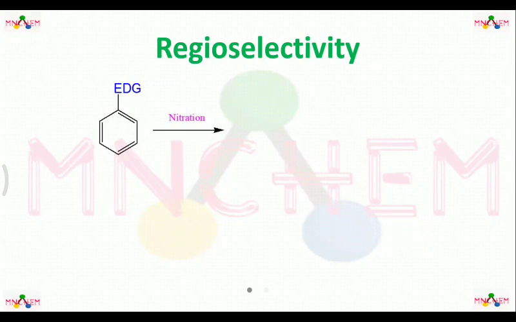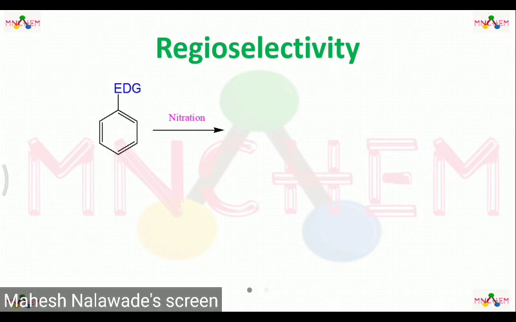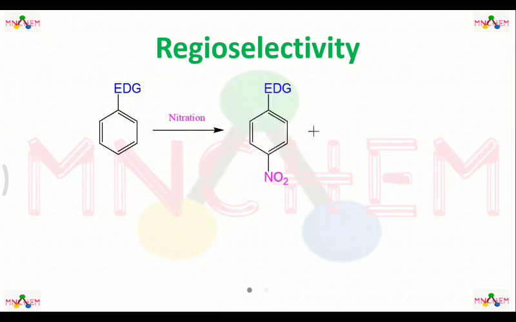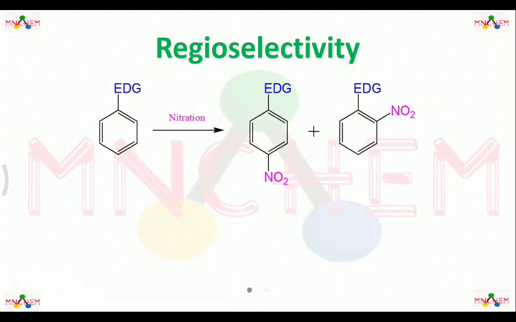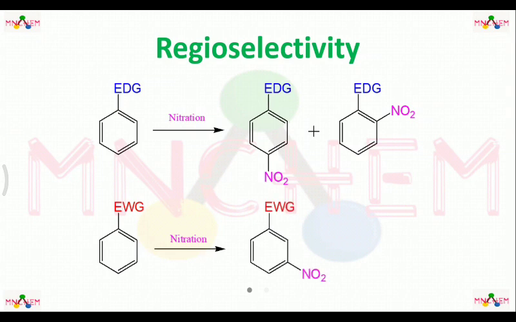When a benzene ring is activated by attaching an electron donating group, nitration results in the formation of two regioisomers, the para-isomer and the ortho-isomer. But when nitration is carried out where the benzene ring is attached to an electron withdrawing group, it gives the meta substituted product.